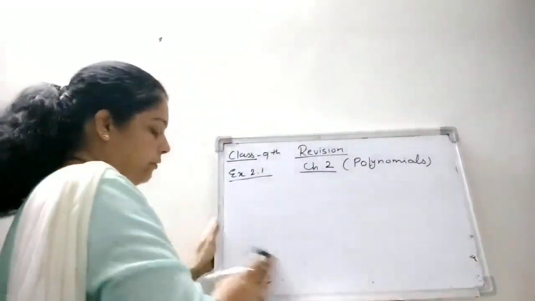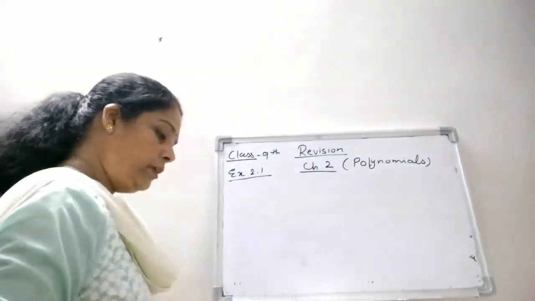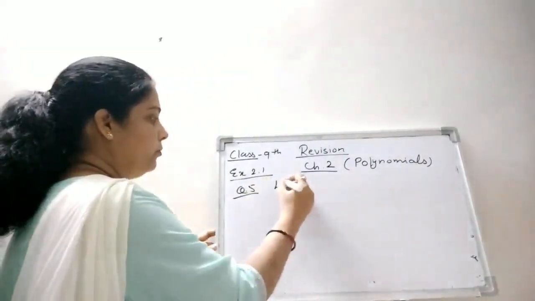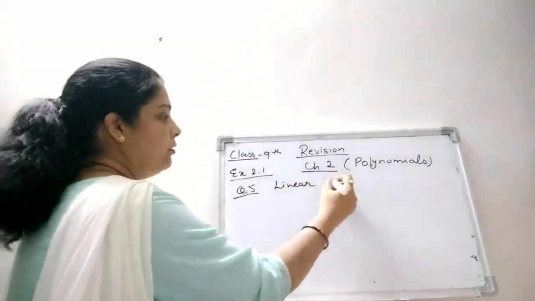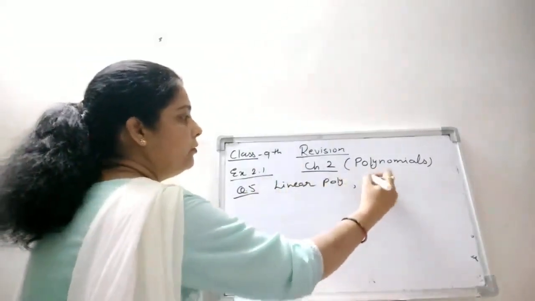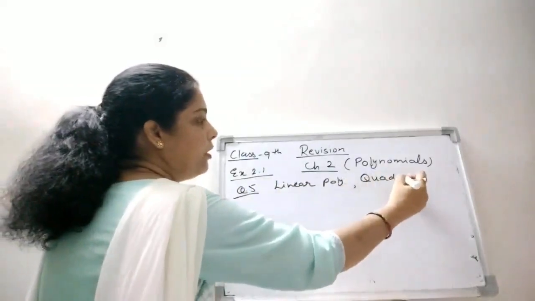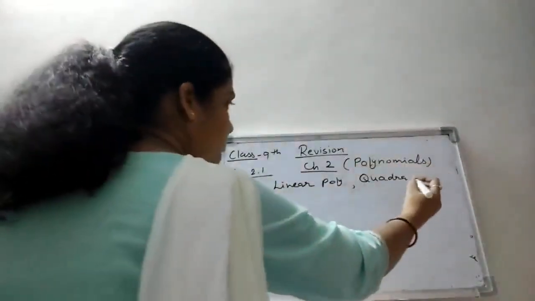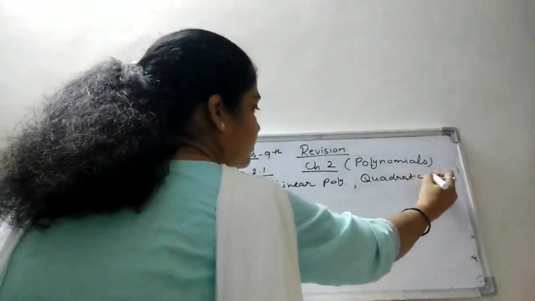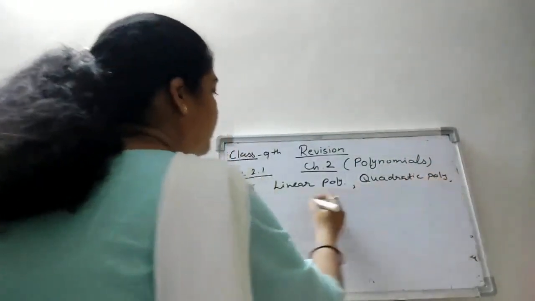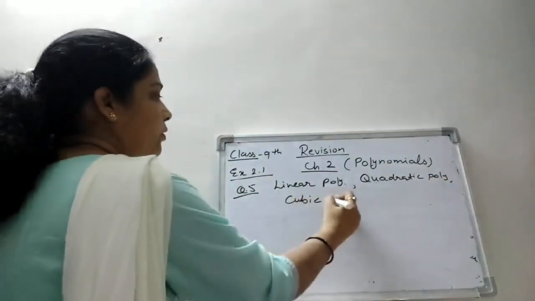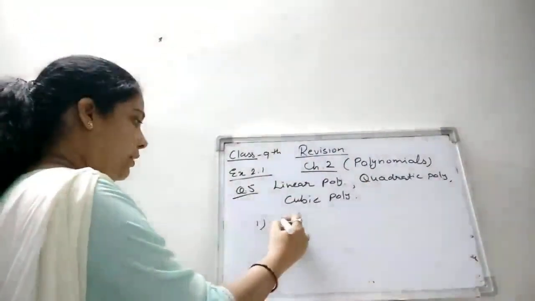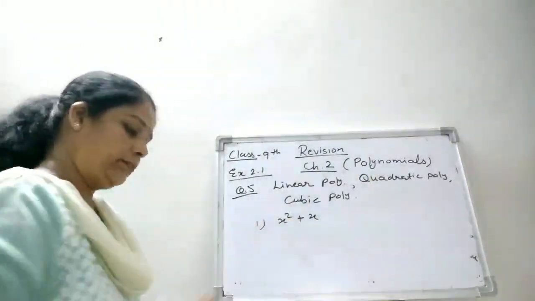You have to identify linear polynomial, quadratic polynomial or cubic polynomial. Now first part, x square plus x.